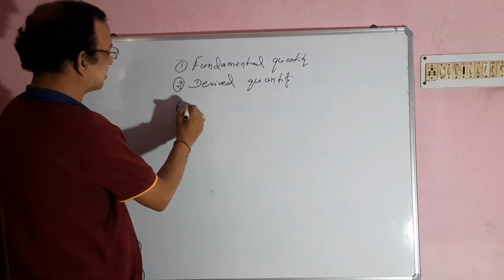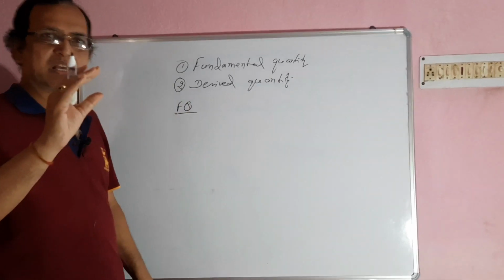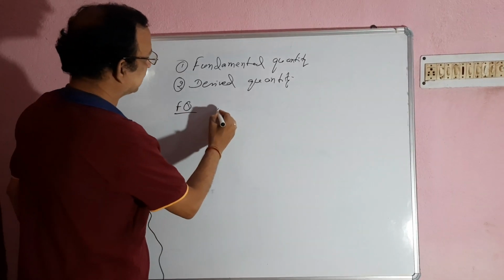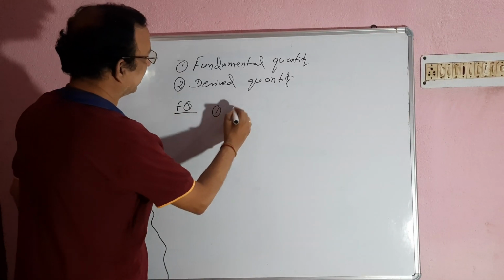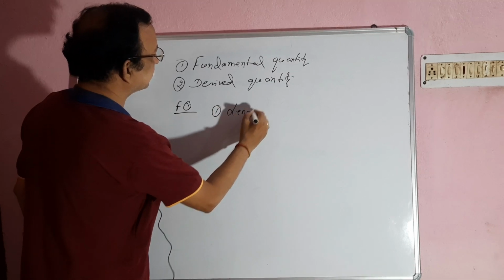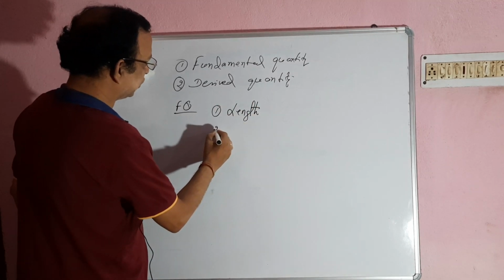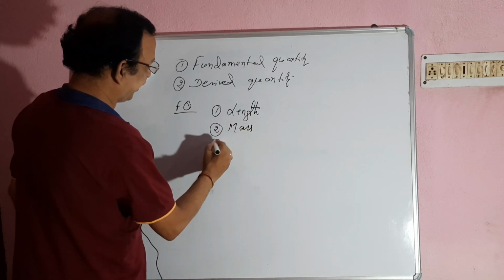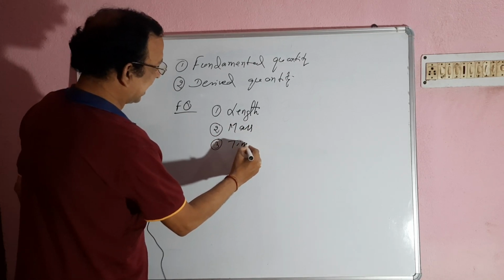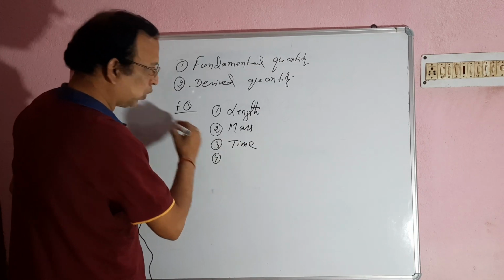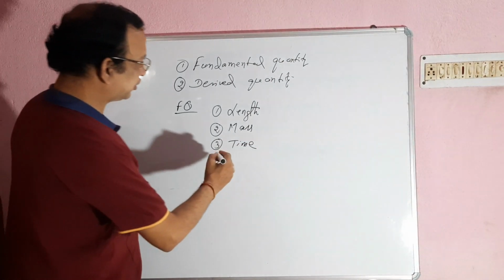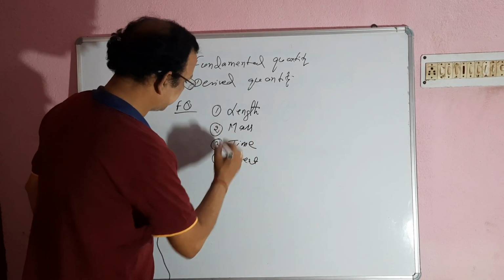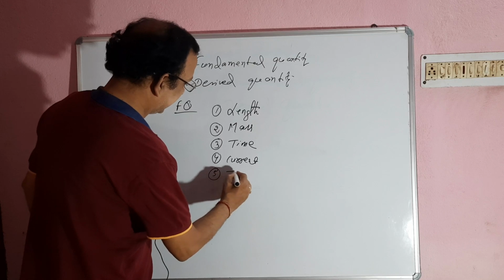Fundamental quantities are mainly 7 in number. Number 1, length. Number 2, mass. Number 3, time. Number 4, current. Number 5, temperature.